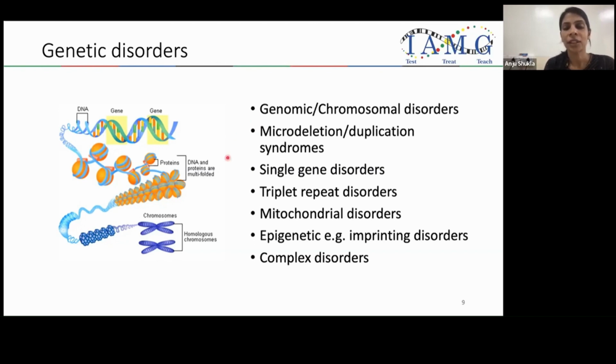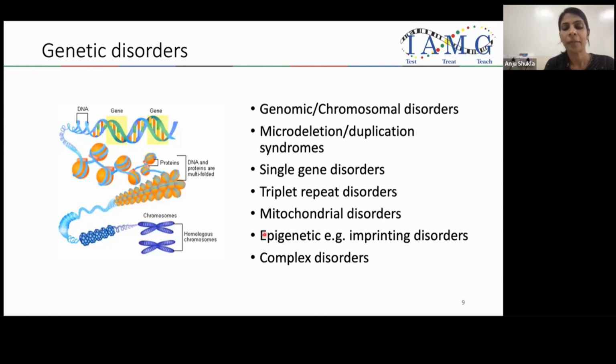Then if there are changes in just one gene, they are called single gene disorders, which can sometimes be CNVs, and most of the time they are single nucleotide variants. Sometimes the variations are in the form of repeat expansions, for example, triplet repeat disorders. And sometimes the variations can be within the mitochondrial genome, which is referred to as mitochondrial disorders.